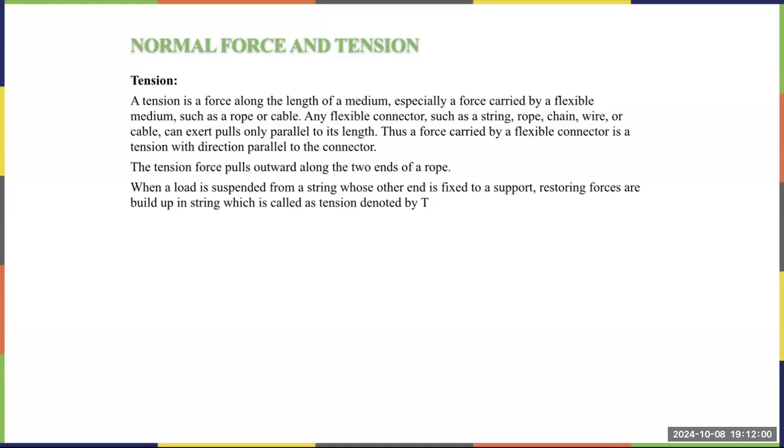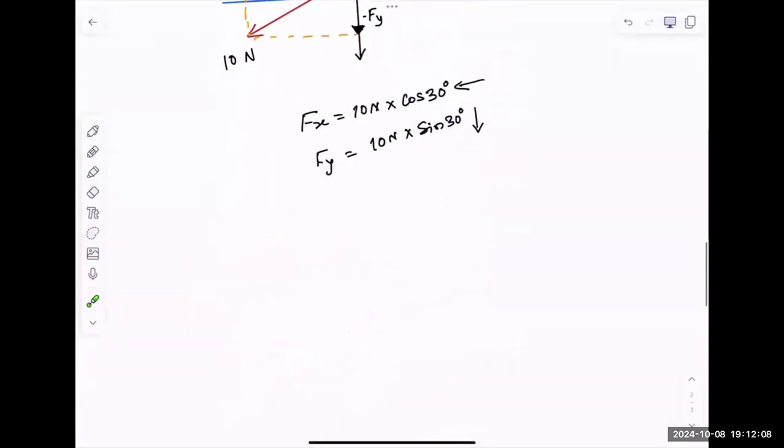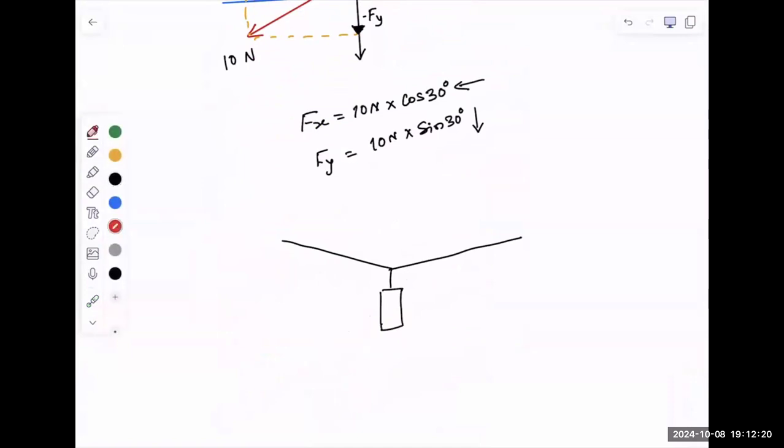If I am suspending an object along the string, my tension will always be along the string. In most cases, not here in Texas, but if you go to other states, there will be a traffic light hanging on a string, right?